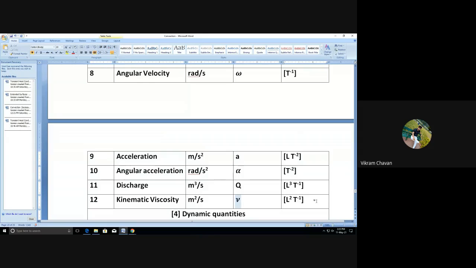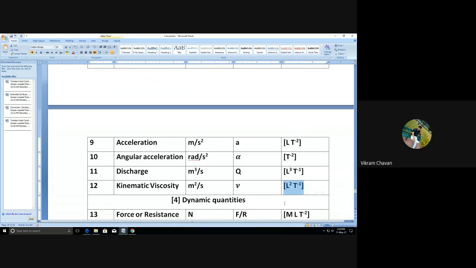For the particular quantity, how to derive the dimension from that quantity unit. If you know the SI unit, then it will be easy to determine the dimensions on the basis of units. Kinematic viscosity unit is meter square per second. Symbol is nu, and dimension is L raised to 2, t raised to minus 1.